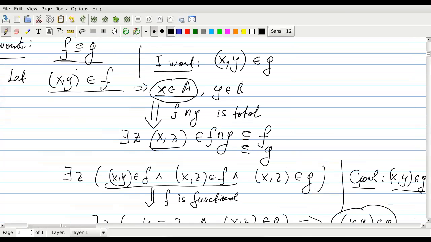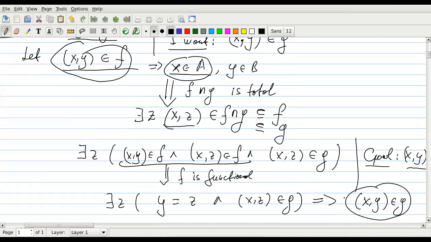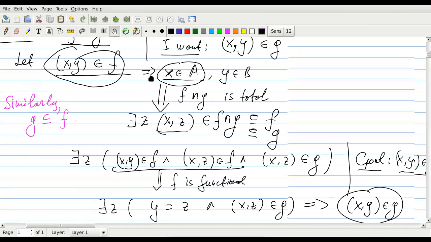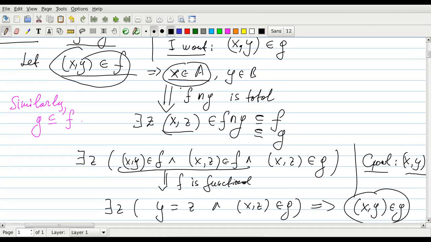If xy belongs to F, then xy belongs to G. Is it clear? So every element of F belongs to G, hence F is a subset of G. And similarly, one can prove that G is a subset of F. Any questions here?